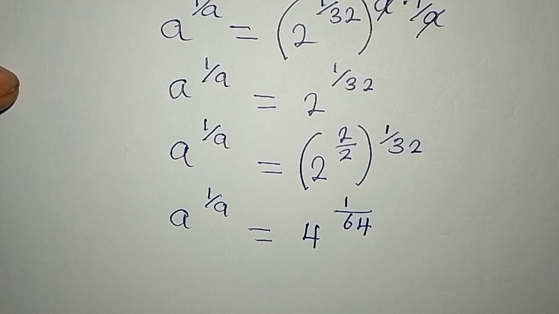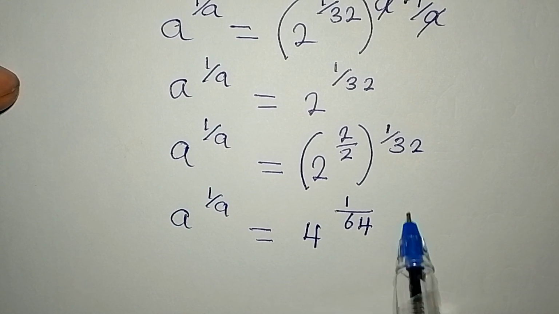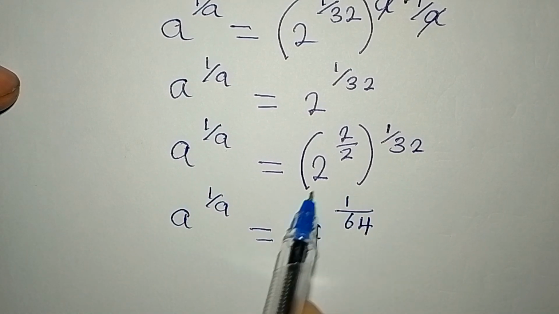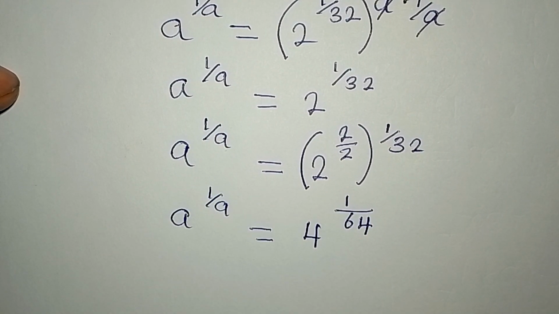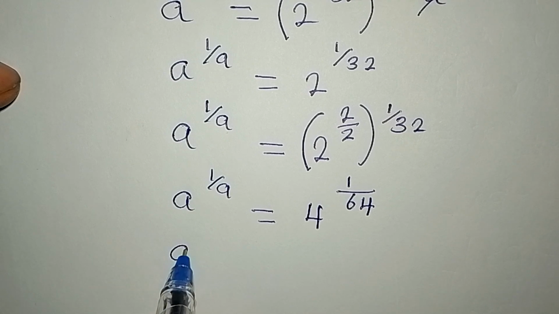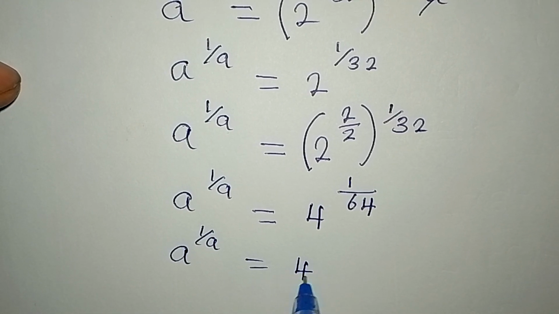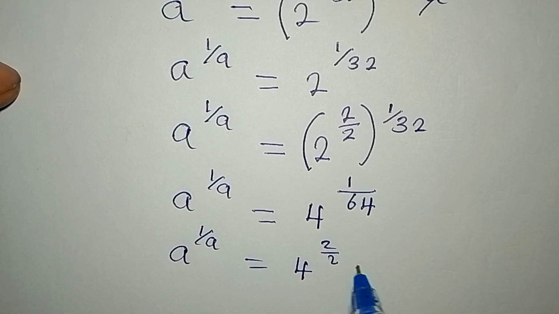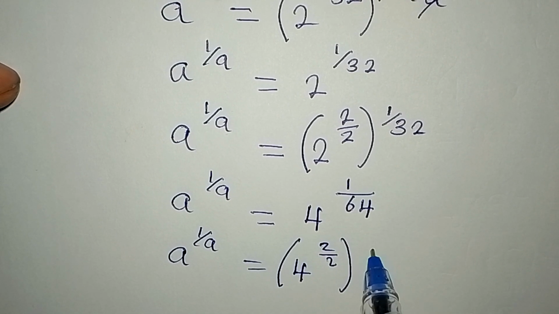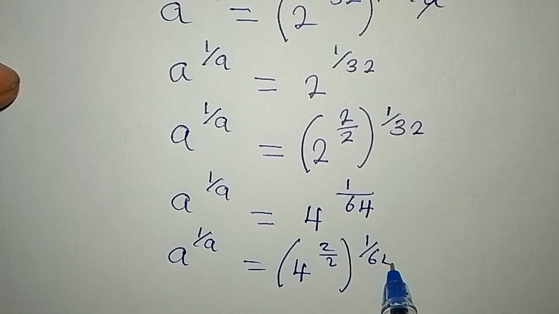Now I can still do the same thing because I need to have a number that will be in this form. So a to the power of 1 over a here is equal to 4 to the power of 2 over 2, like I did before. Then raise this to the power of 1 over 64.